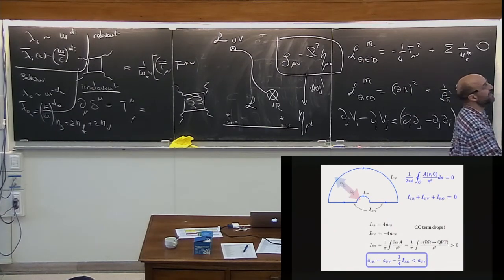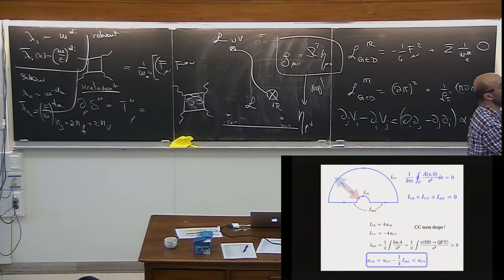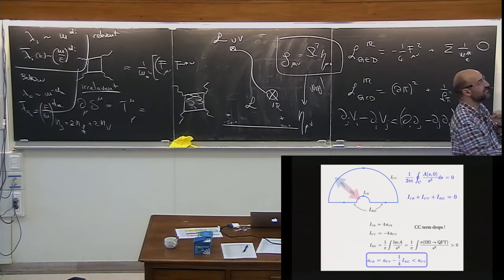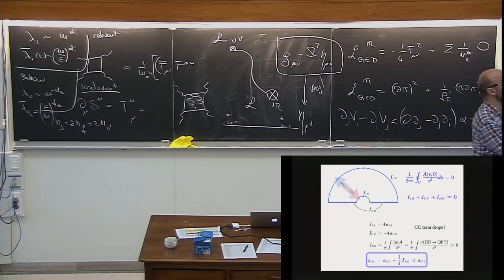Now imagine taking the limit where this integral consists of three well-defined pieces. There's the straight piece and the two half circles. This is the S plane.